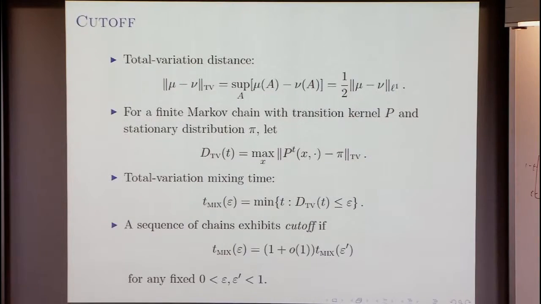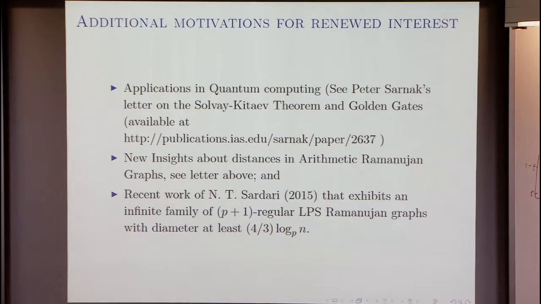Okay, so there are some motivations for looking at expanders. This was at these Ramanujan graphs specifically, and these were intensively investigated in the 80s and early 90s, but recently there's been renewed interest because of some connections with quantum computing and new insights and questions about distances in these graphs.